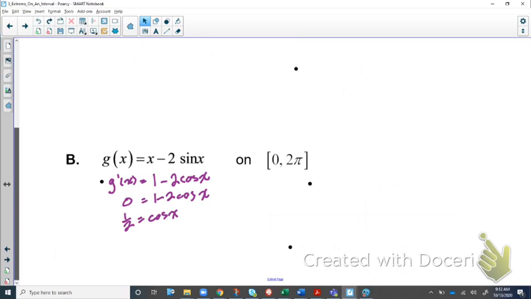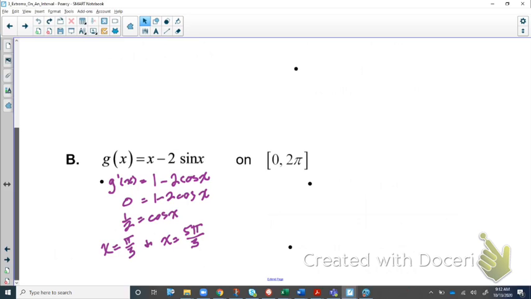In this case, we get x equal to pi over 3 radians, and x equal to 5 pi over 3 radians. This is all based off of properties of the derivatives, and if you have your unit circle memorized, you don't need a calculator to figure this stuff out.